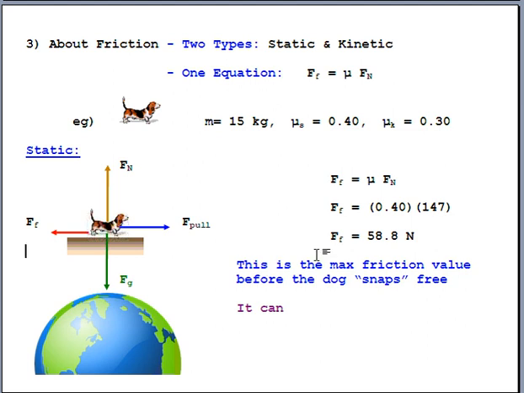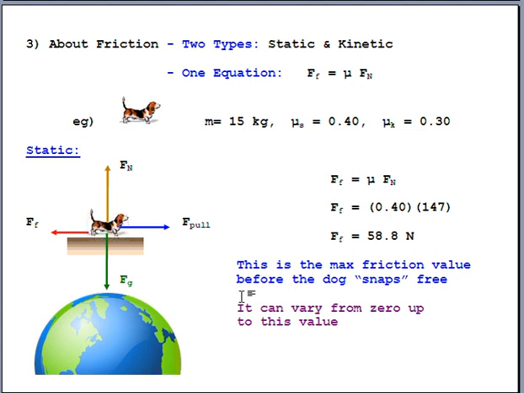The actual force of friction may not be 58.8. The actual force of friction can vary from nothing all the way up to that value of 58.8 newtons. If it doesn't need 58.8, then it won't be 58.8.